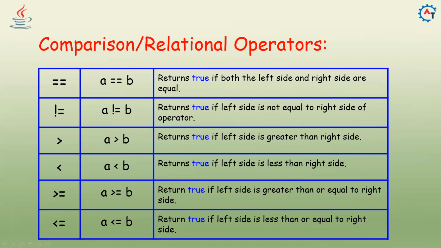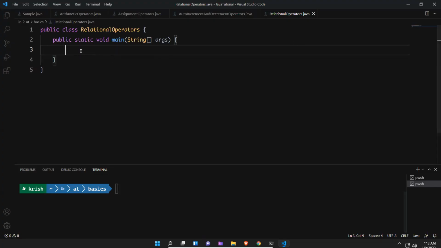So by taking a few examples, we will see. Let me go to Visual Studio Code. As I already told, it will return true or false, which means you can hold that value inside the Boolean data type only, that we saw. So Boolean b is equal to 10 double equals 10.